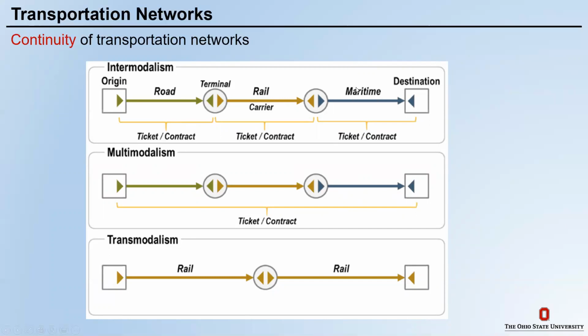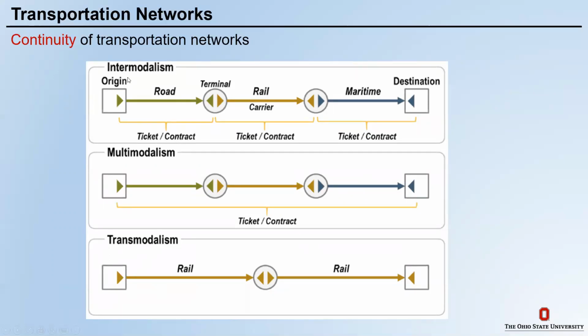And we can still find a second mode here, maritime. So from origin to destination, we used 3 types of transportation, road, rail, and maritime, but 2 modes, land transportation and maritime transportation.